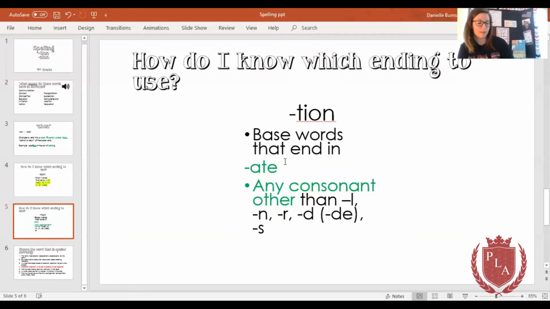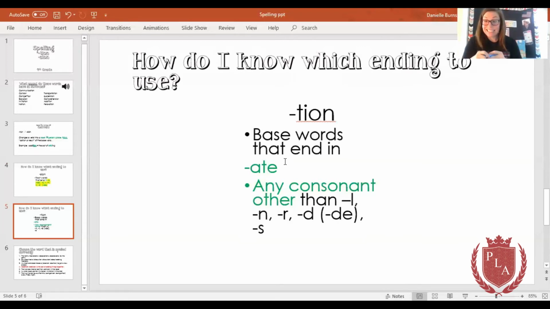When I spell out the word decorate, I see that A-T-E, that really popular ending, and I know that this is a word that needs that T-I-O-N ending. So I would spell decoration just like this, okay?